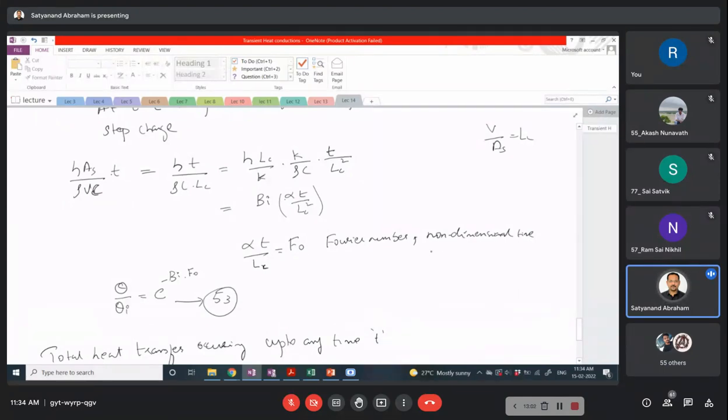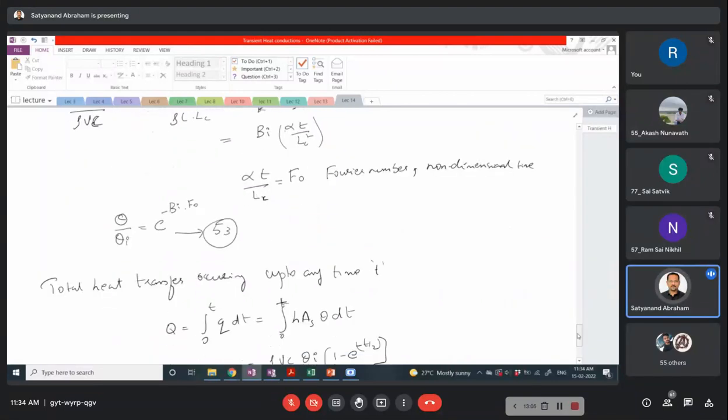The Fourier number is a non-dimensionalized number. We will see more of it when we talk about the semi-infinite method. So by the lumped capacitance method, we can write theta by theta i equal to e raised to minus Biot number times Fourier number.